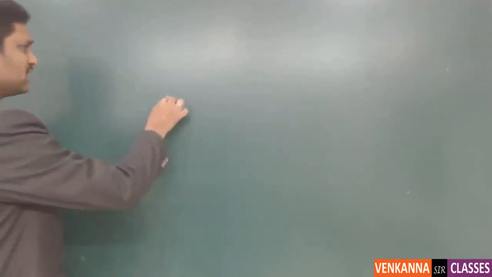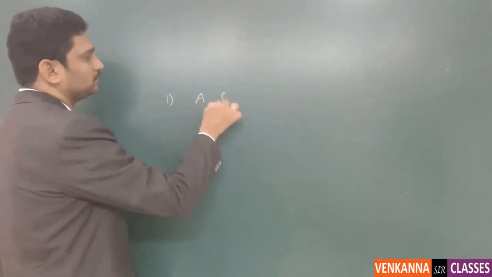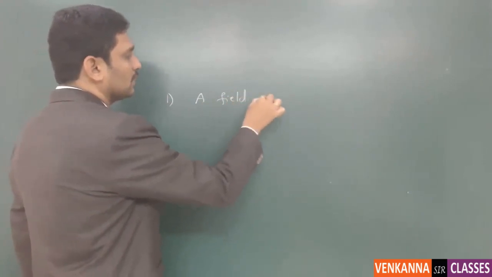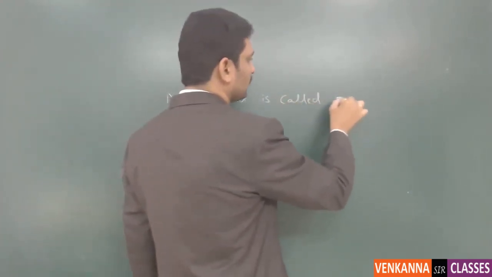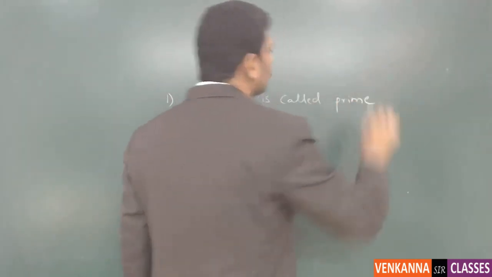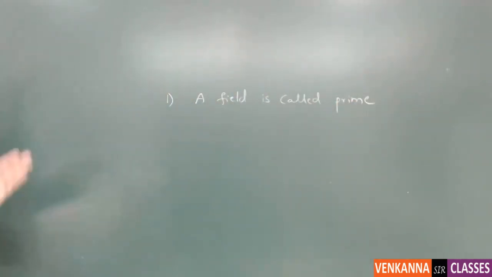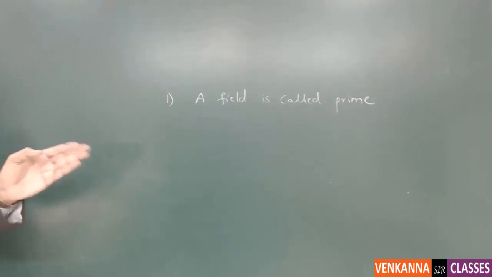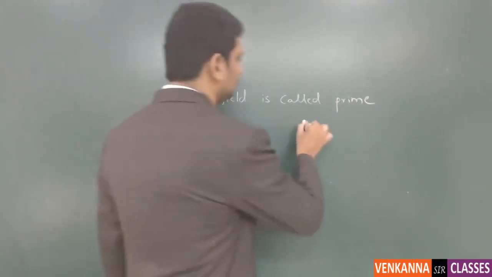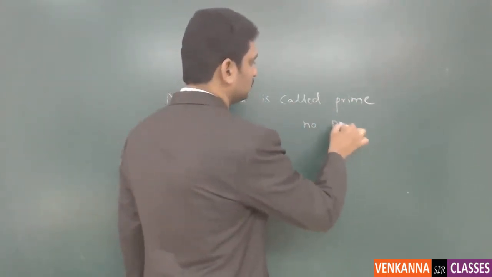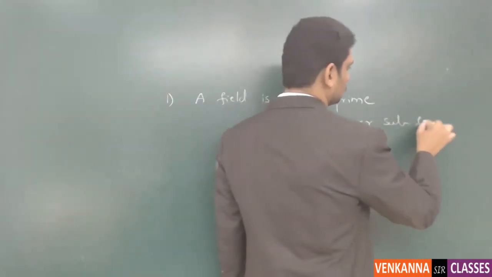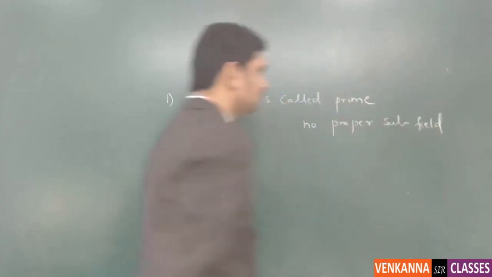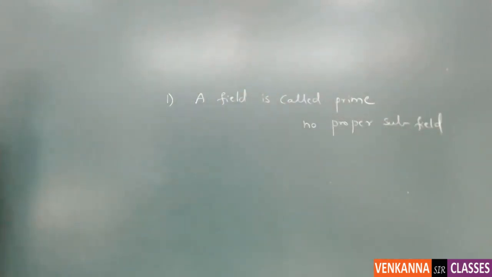So some of the definitions are: a field is called prime if it has no proper subfield.